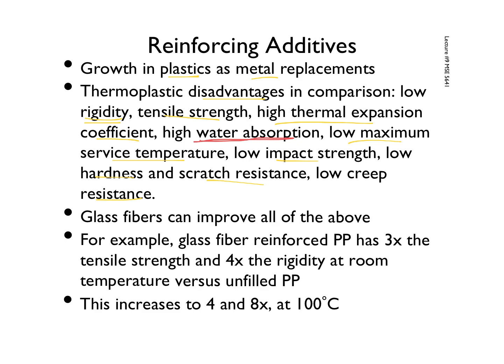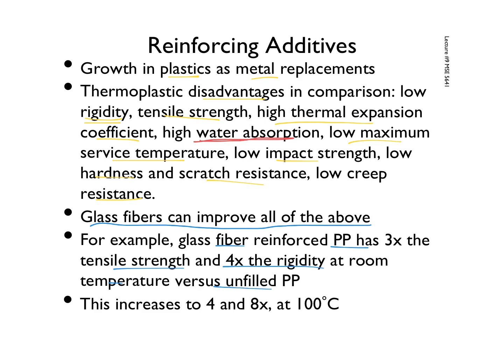So if we add glass fibers, as that table from before will tell you, glass fibers can improve a lot of this because they average out the properties they bring to the table along with the matrix that they sit in. For example, glass fiber reinforced polypropylene has 3 times the tensile strength and 4 times the rigidity at room temperature versus unfilled polypropylene.